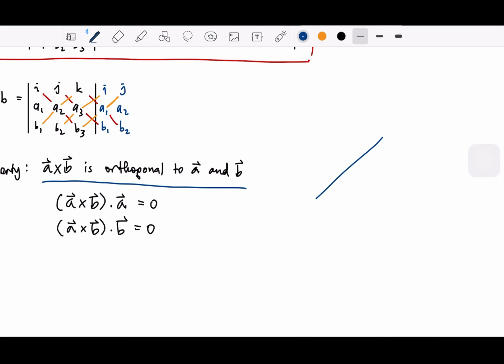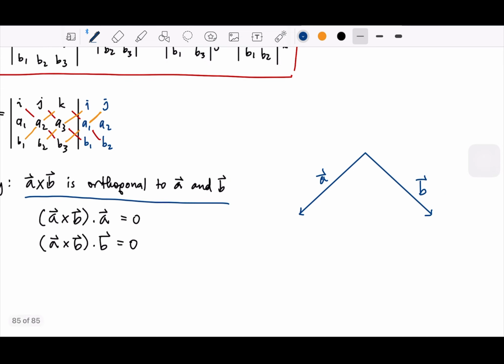So if we have a vector A and a vector B here, if we say A cross B, meaning from A crossing B, it's giving you direction to the top, right?